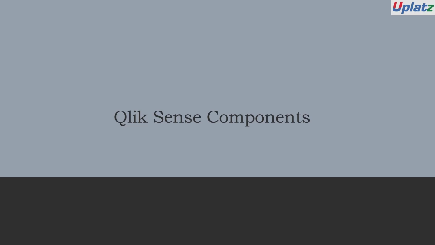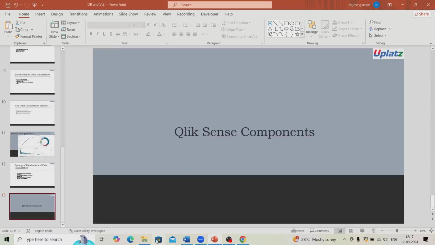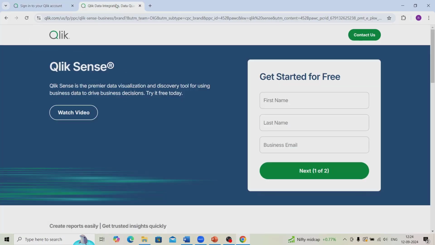Okay, we can see the QlikSense components. We can try to access the QlikSense SaaS version, which is a 30 day free trial version, by using your personal email ID. Go to qlik.com. It will give you a free 30 day trial version.